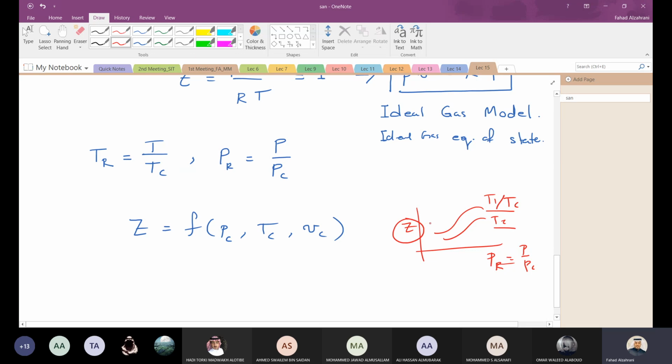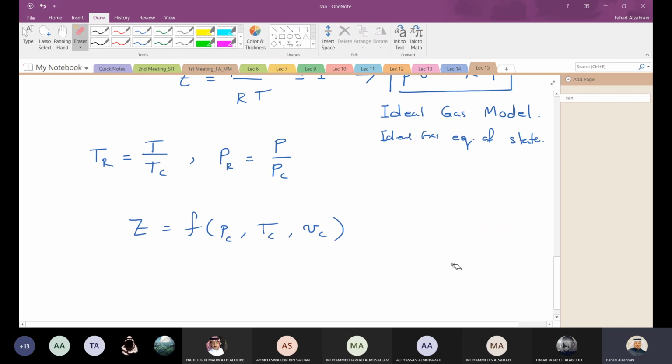When they normalized the temperature and pressure by the critical temperature and critical pressure, Z was the same for all, for a good number of gases: air, water vapor, methane, ammonia, and so on. They changed the gases, and when they normalized each temperature and pressure by its corresponding critical values, Z was the same. So they said this is something really amazing and important.